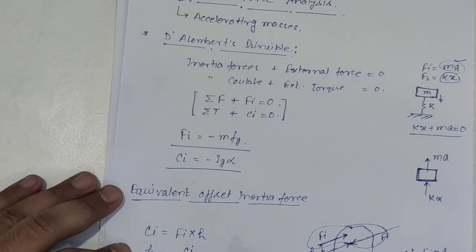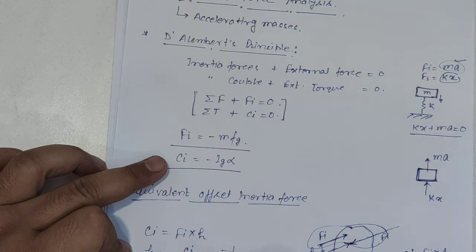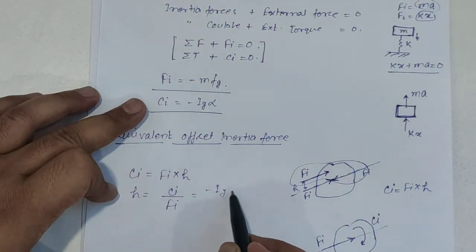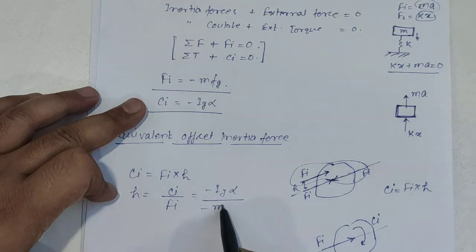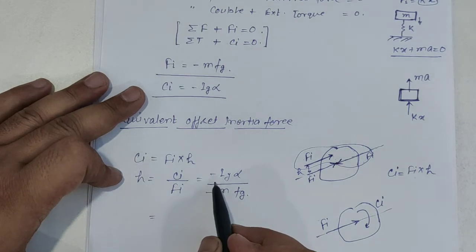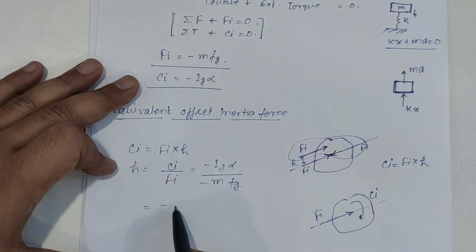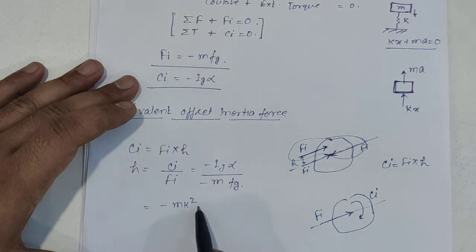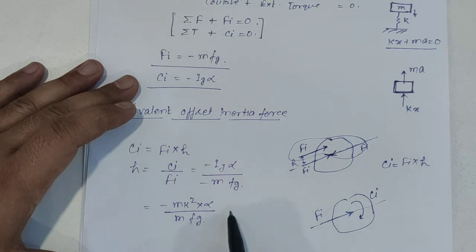Ci we can write as minus Ig into alpha, divided by minus m into Fg. I means moment of inertia, and that moment of inertia we can also write as mk square, into alpha divided by m into Fg. The m cancels out, the negative sign cancels out.